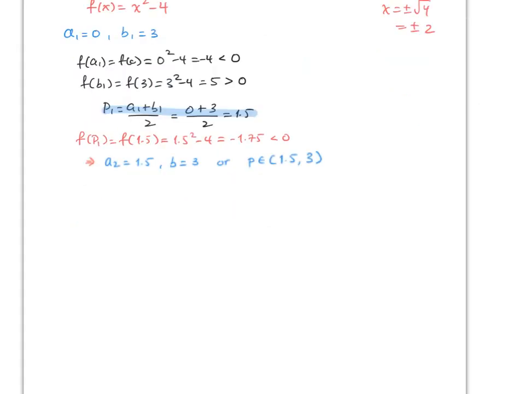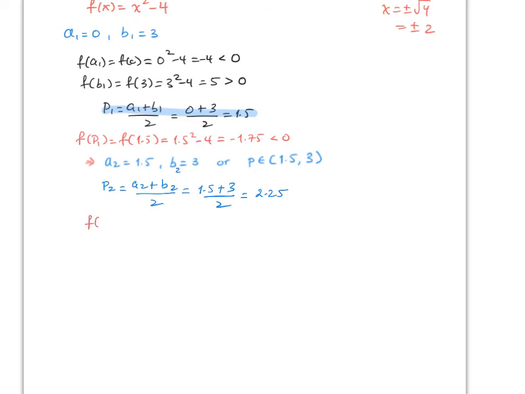All right, so we just follow the process. Again, this is very straightforward. So now p2 is going to be a2 plus b2 divided by 2. So it will be 1.5 plus 3 divided by 2, which equals 2.25.